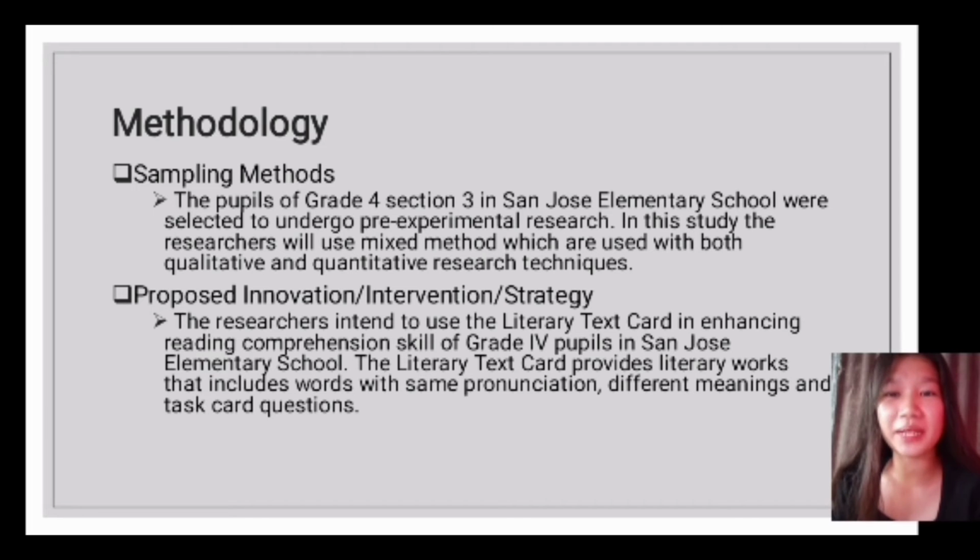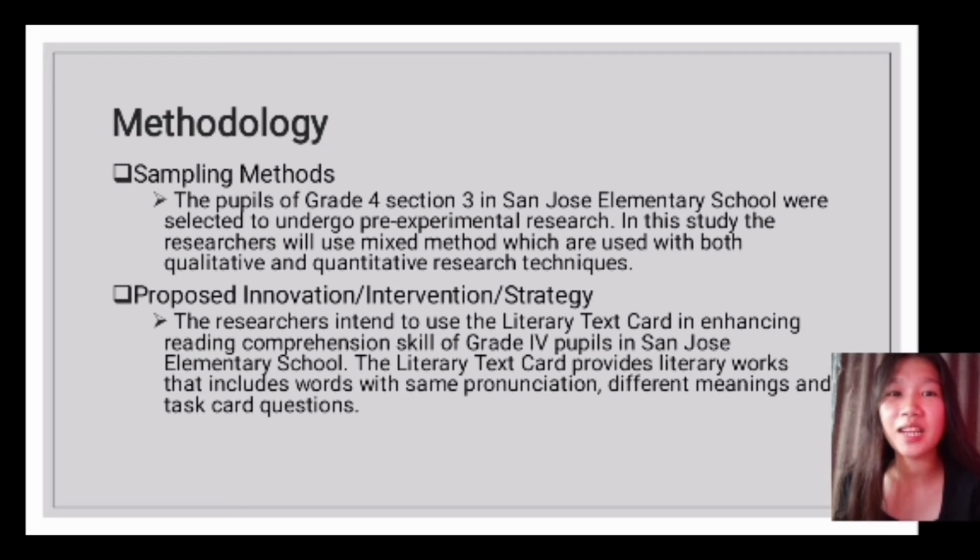Proposed innovation intervention strategy. The researchers intend to use the literary text card in enhancing reading comprehension skills of grade 4 pupils in San Jose Elementary School. The literary text card provides literary works that include words with the same pronunciation, different meanings, and task card questions.